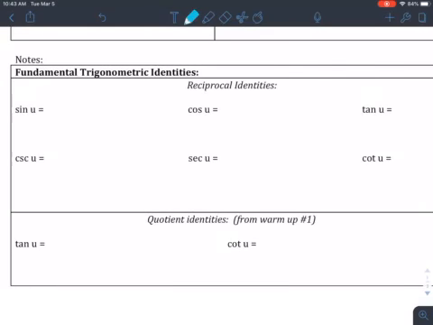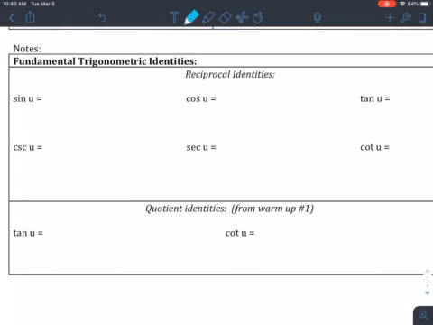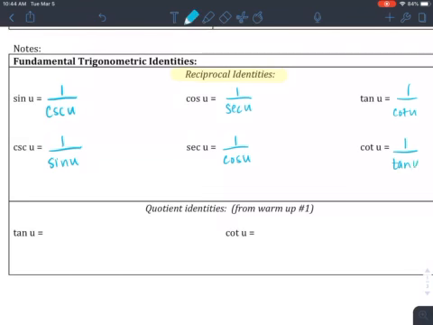Okay, the fundamental trig identities. First we have our reciprocal identities. What's the reciprocal of sine? That's cosecant, so sine u is 1 over cosecant u, or theta, or whatever input you're using. Secant is the reciprocal of cosine, so that would be 1 over cosine u. Cosine is 1 over secant u. Tangent is 1 over cotangent u, and cotangent is 1 over tangent u.